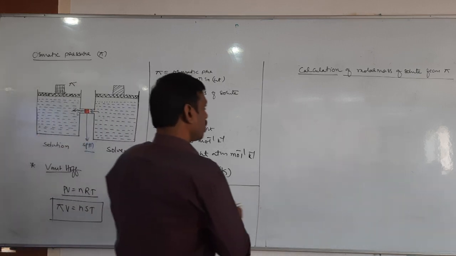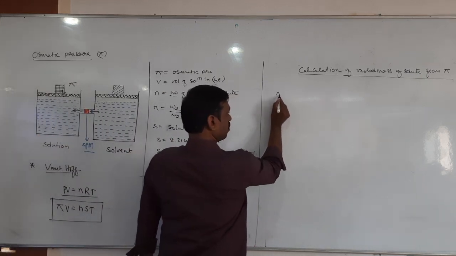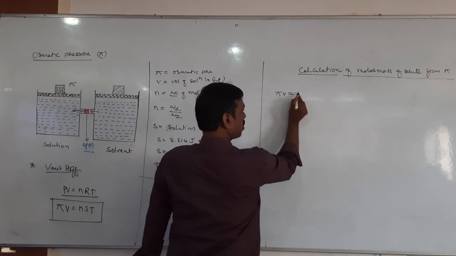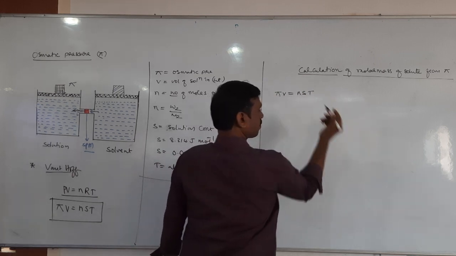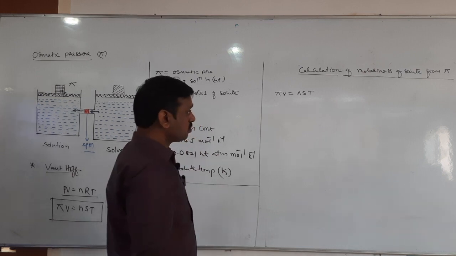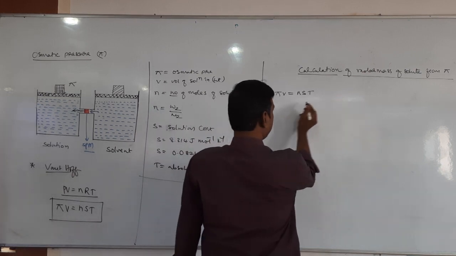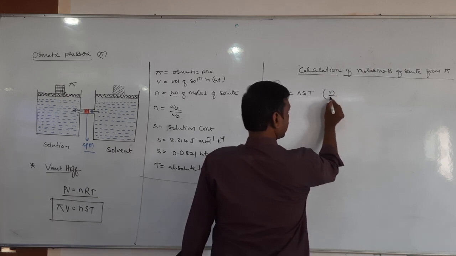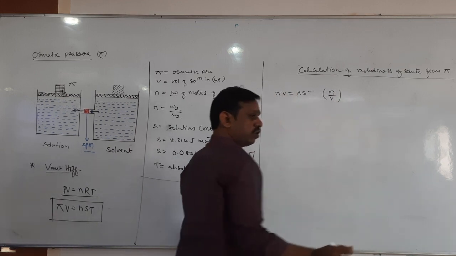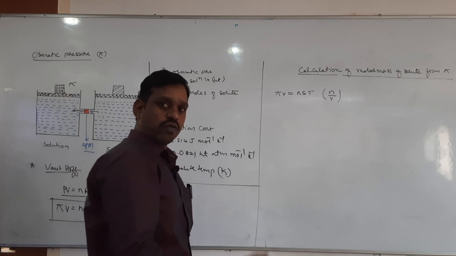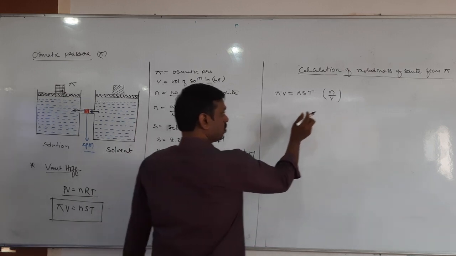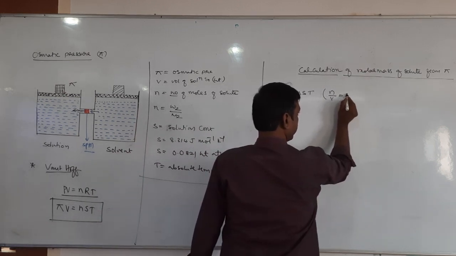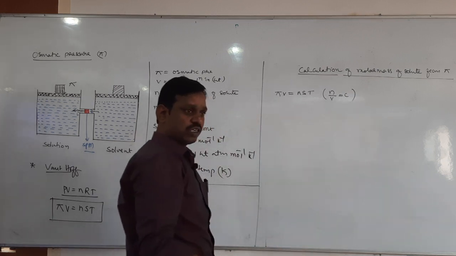Let us take the same equation, pi into V equal to nST, right? We know that n by V is the number of moles of solute in 1 liter of solution, or volume of solution, which gives nothing but what? Concentration, very good. C, that is molarity, molar concentration.